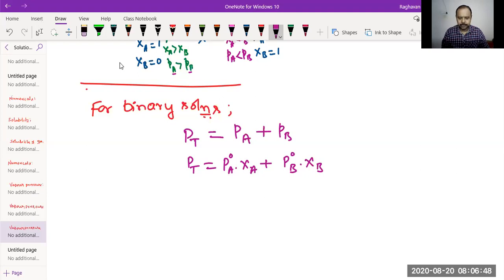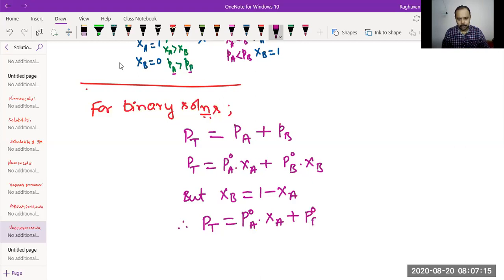In terms of XA we can give, but XB plus XA is equal to 1, right? So XB is equal to 1 minus XA. In place of XB, therefore, PT is equal to P naught A into XA plus P naught B into (1 minus XA).